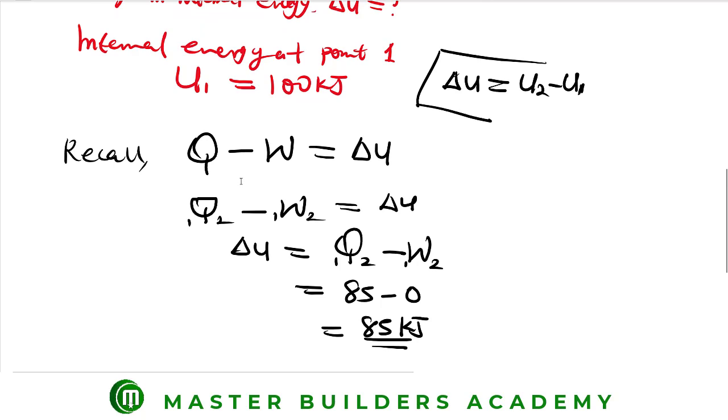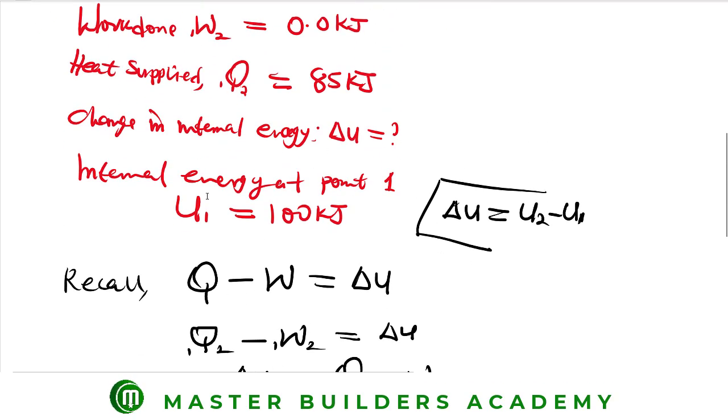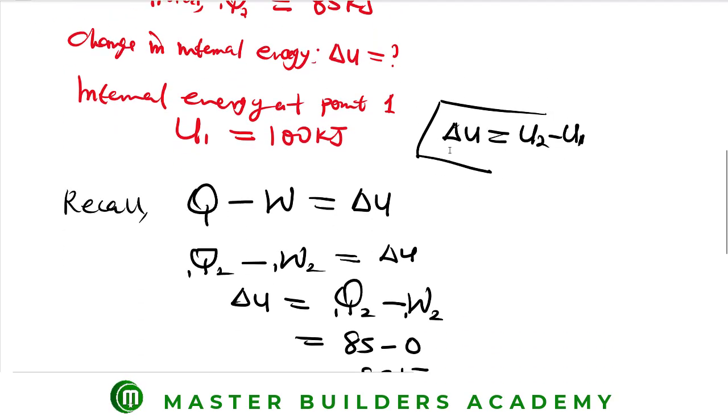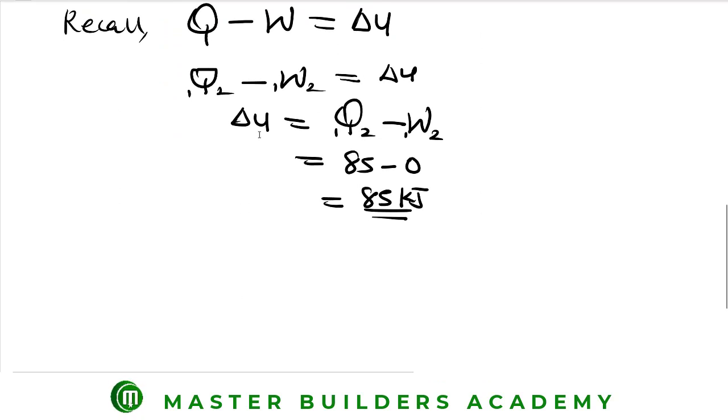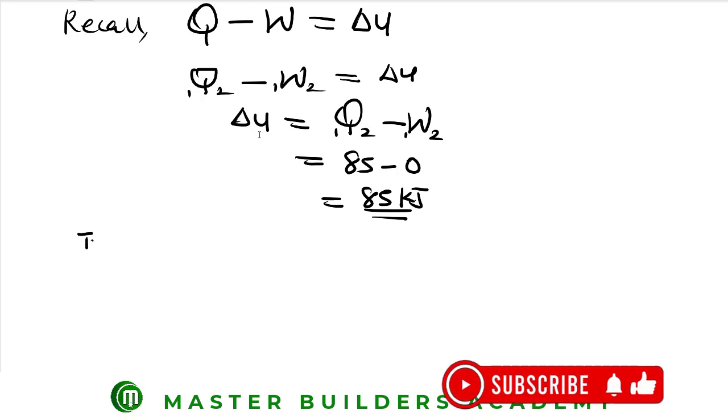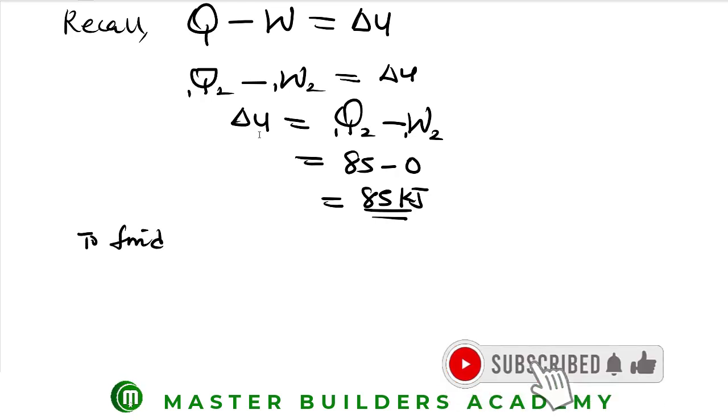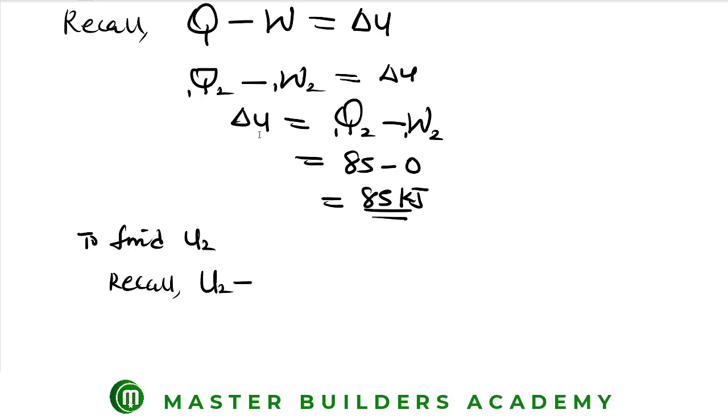Now the next thing we're going to find, since we know U1 and we are asked to find U2, is this. To find U2, recall that U2 minus U1 is equal to change in U. We already know that U2 is what we are looking for, so this becomes change in U plus U1.